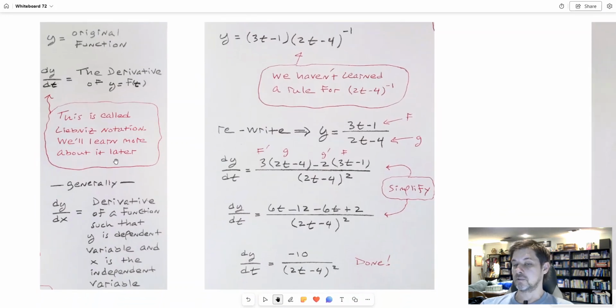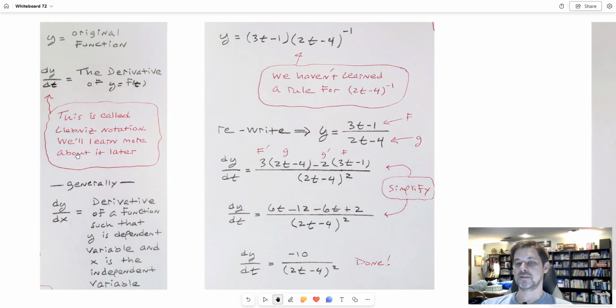In general, real quick, if you see this notation in some other context, say dy over dx, it just stands for the derivative of some function where y is the dependent variable and x is the independent variable. Find the derivative of that with whatever rules are applicable.